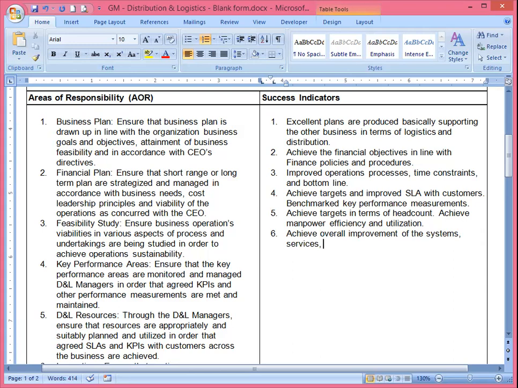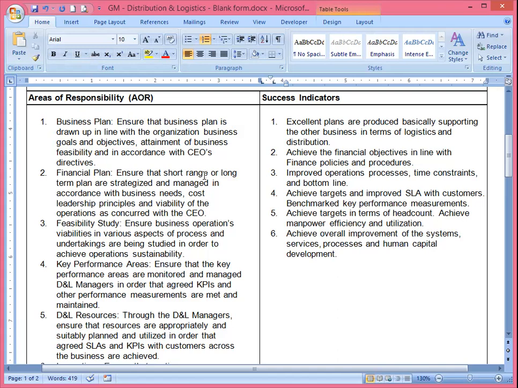Whether internal or external customer, you have to service them, and you have to achieve your SLA, service level agreement. So processes also, and human capital development. Okay, there you have it.